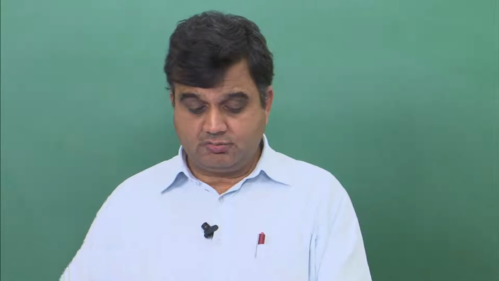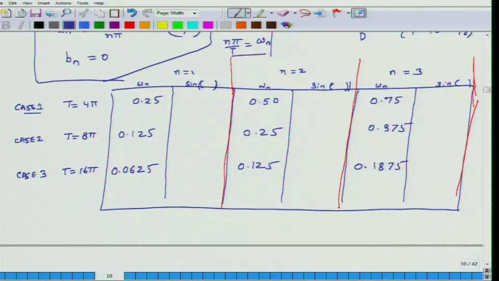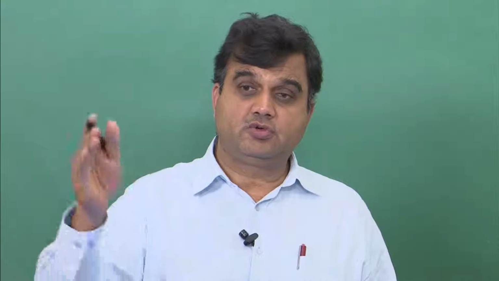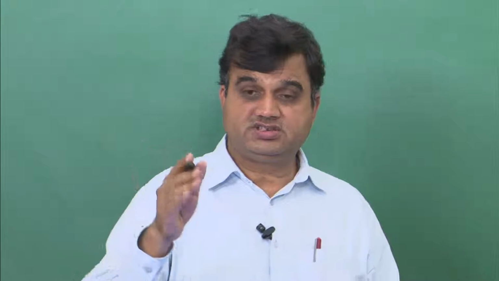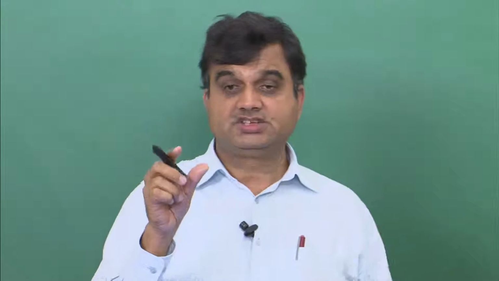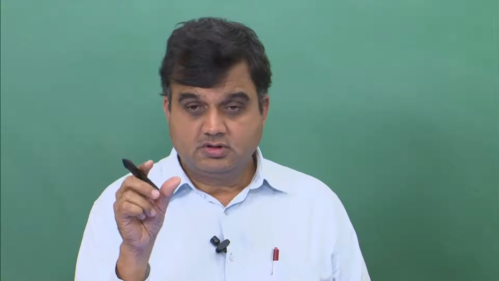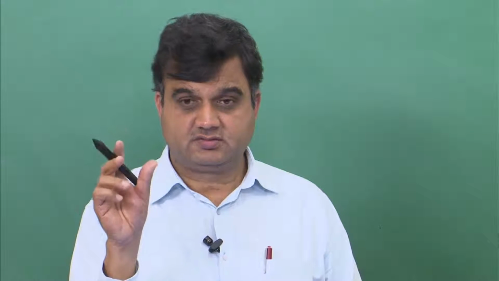The second Fourier component corresponds to omega n equal to 0.50. And the third corresponds to omega n equal to 0.75. So we get successive Fourier components, and each is separated by a spacing of 0.25 radians, right?